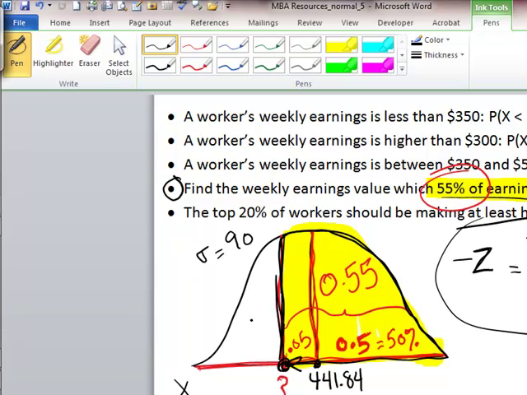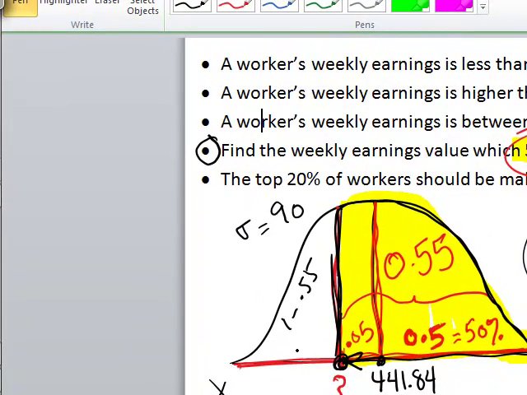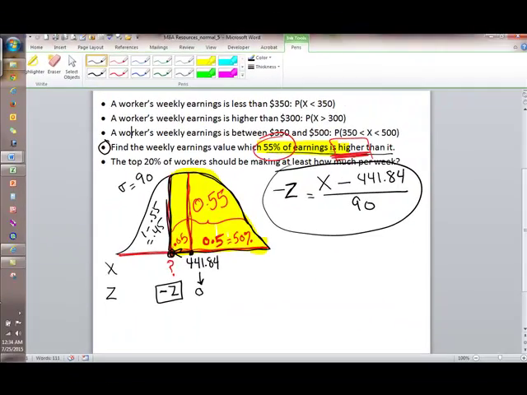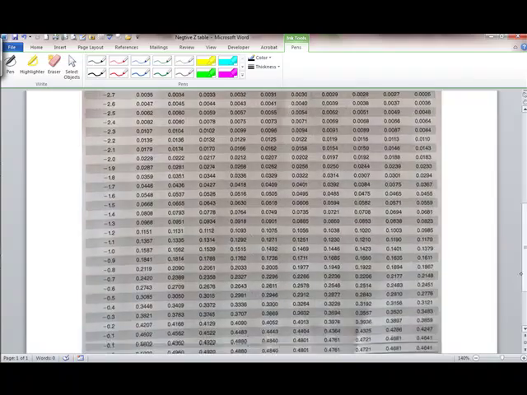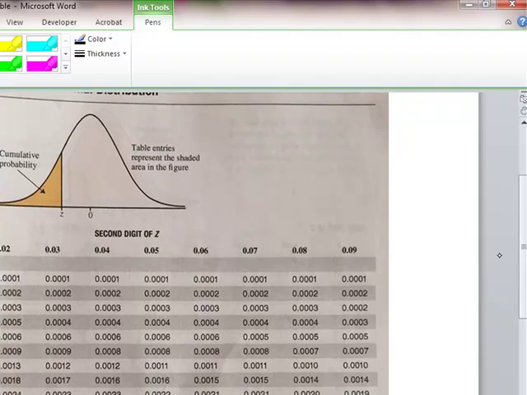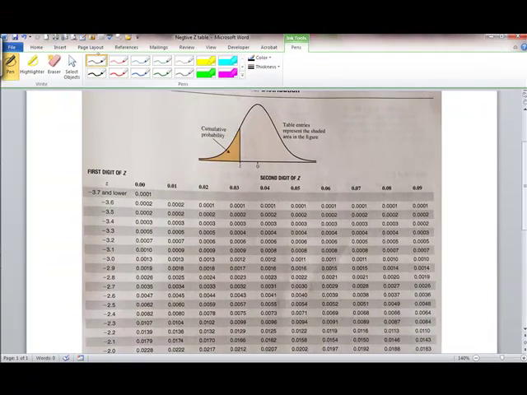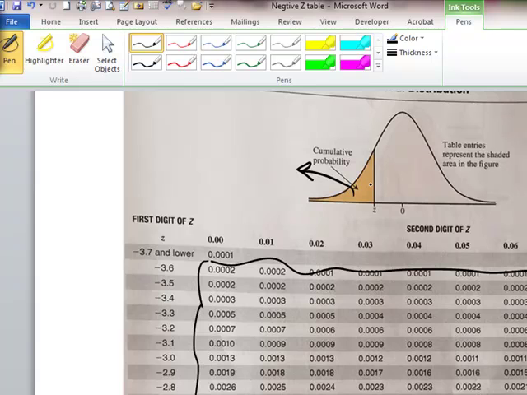This white left tail is 1 minus 0.55, which is 0.45. I need that because when I go to the normal negative z table, I must recognize that the numbers listed within the table, all these 4-digit numbers, are telling me the area to the left of the z-values that I would look up.